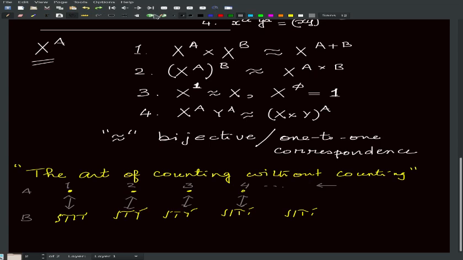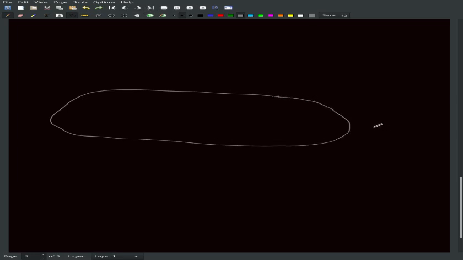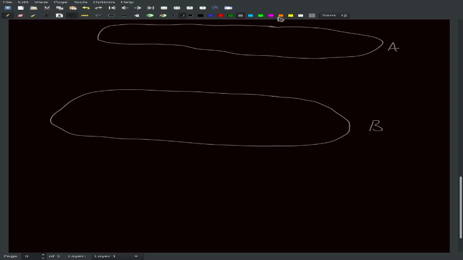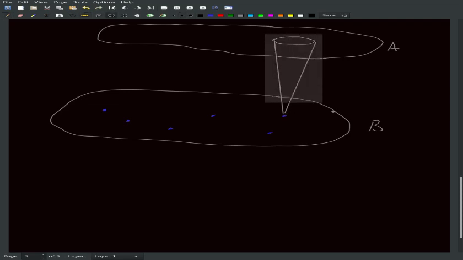If you look into this, the one that I drew was: here is a set B, here is a set A, and you have these points over here, and you had kind of funnels, kind of funnels like this. So let me just copy this.